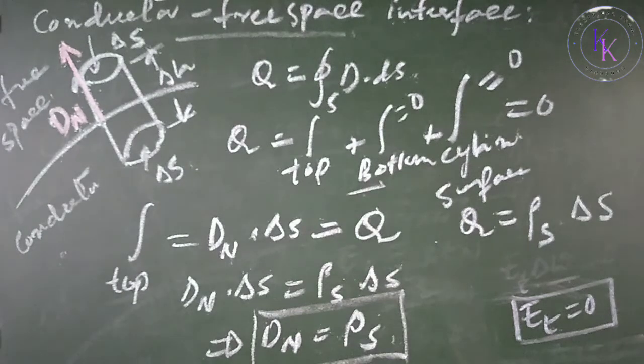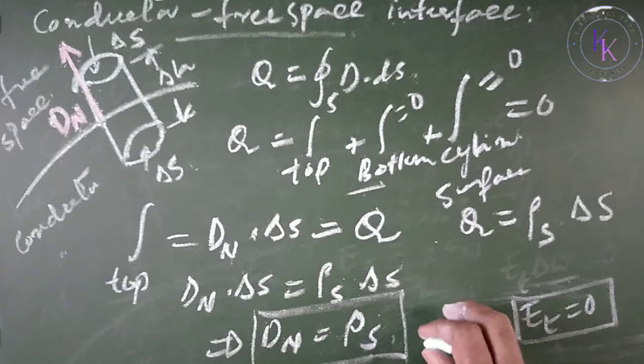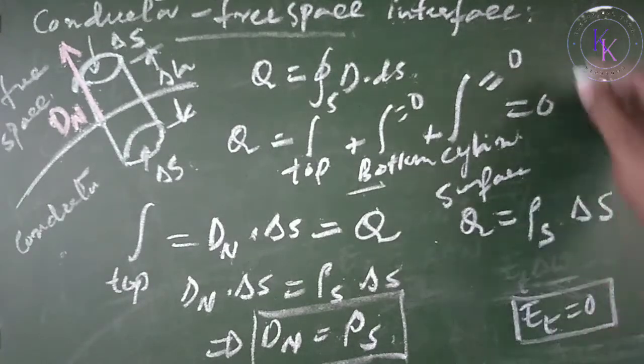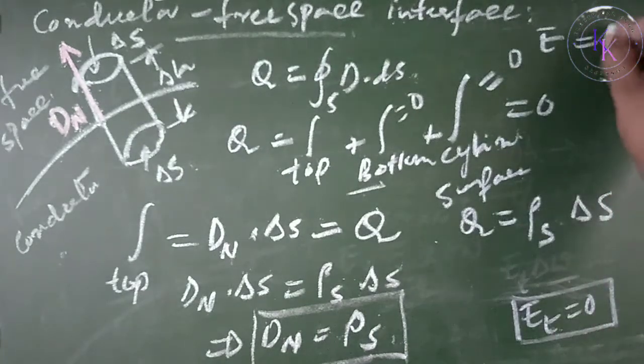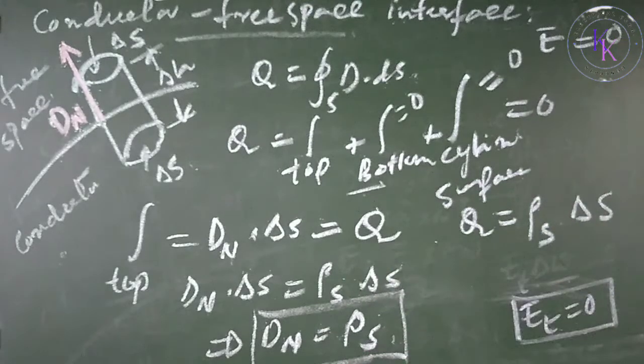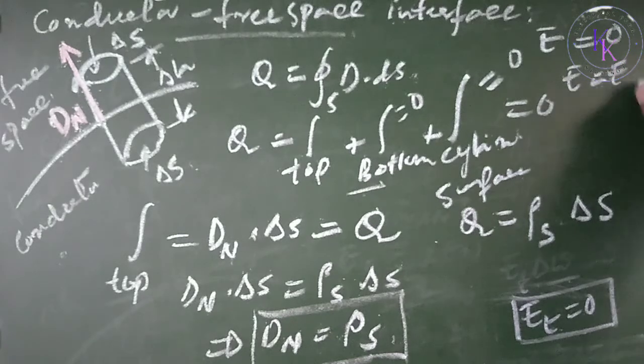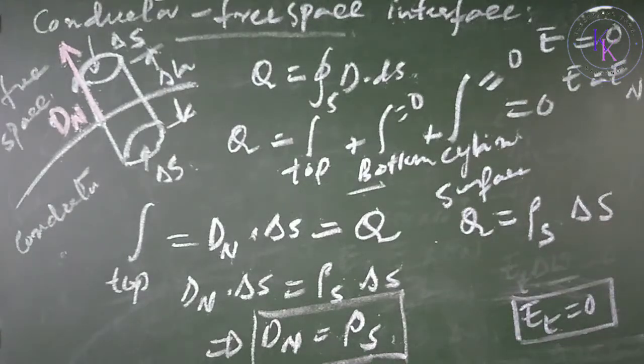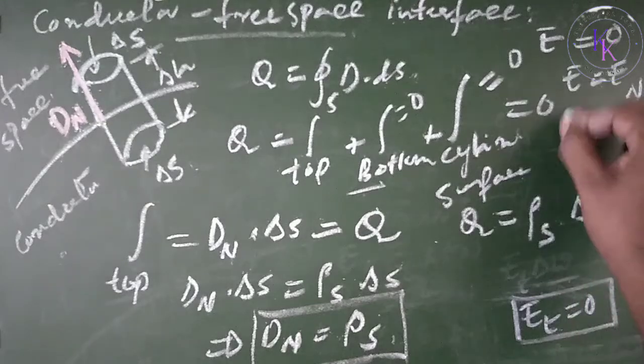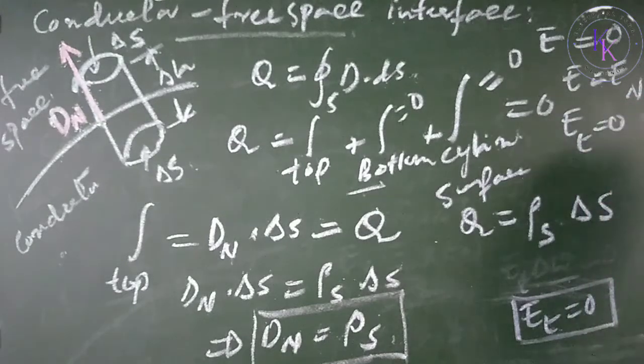The summary is: inside the conductor, the static electric field intensity E is equal to 0. The static electric field intensity at the surface of the conductor is directed outwards, normal at the point on the surface, equal to En. The tangential component of the electric field intensity, Et, equals 0 at the conductor surface. In other words, the conductor surface is an equipotential surface.